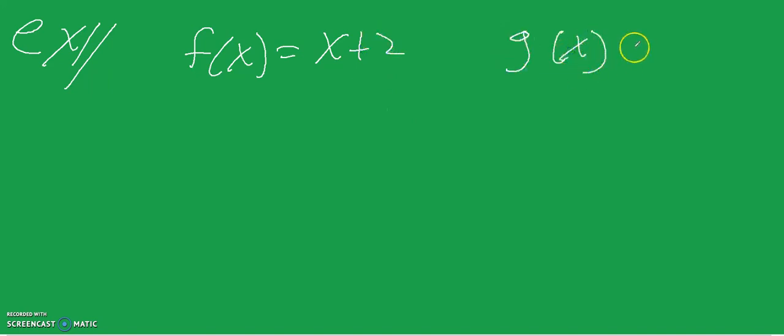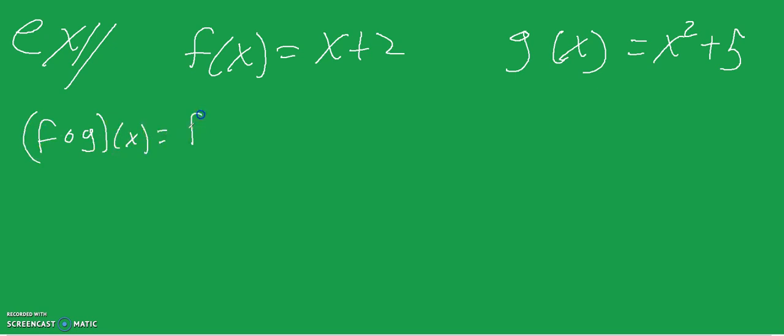Alrighty. So let's give two functions: f of x equals, let's stick with that, x plus 2 again. Then let's say g of x is x squared plus 5. Alright, so the first thing I want to do is just find what f composed with g of x is, and we know it's the same thing as f of g of x.